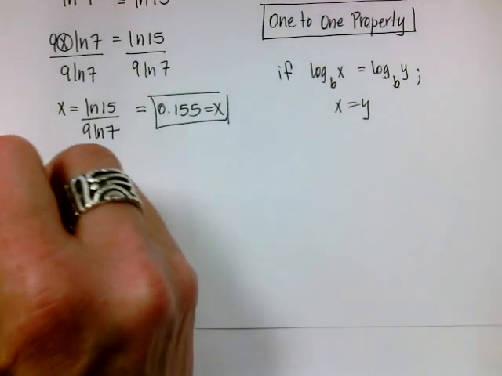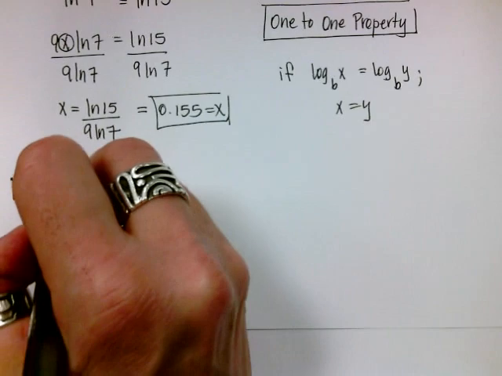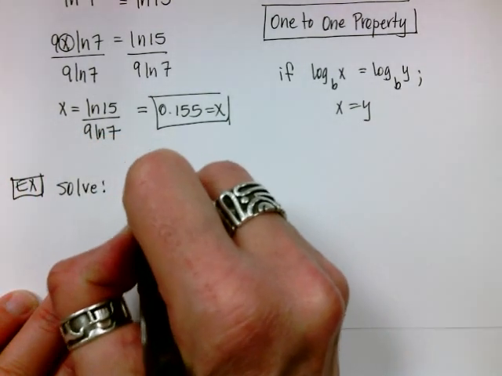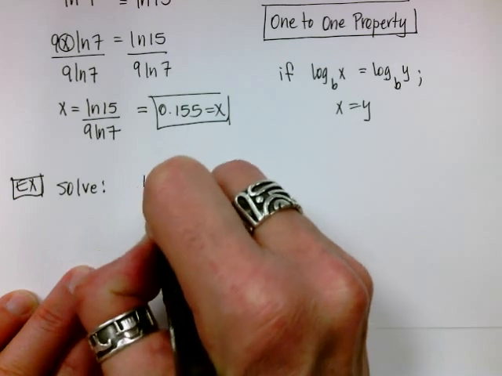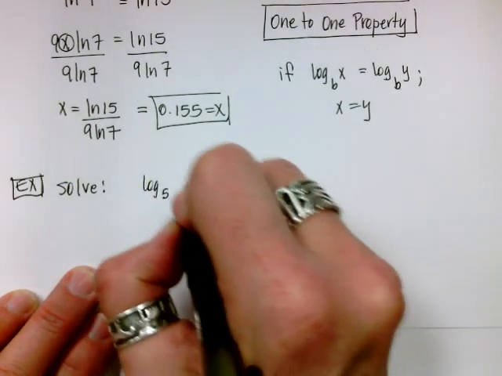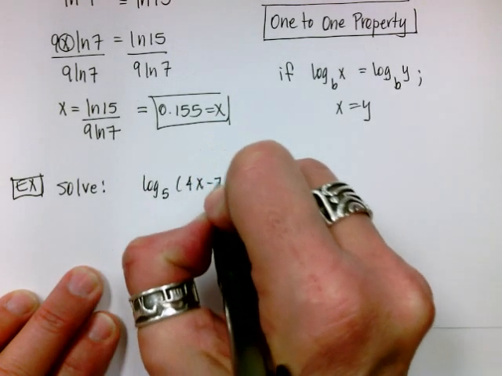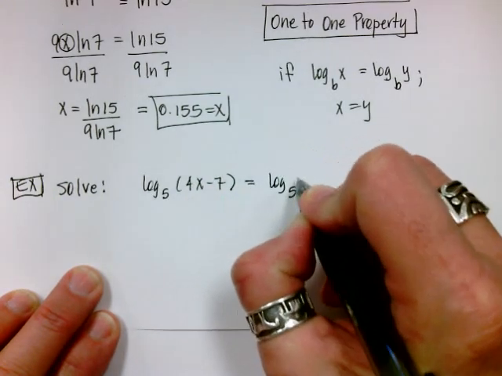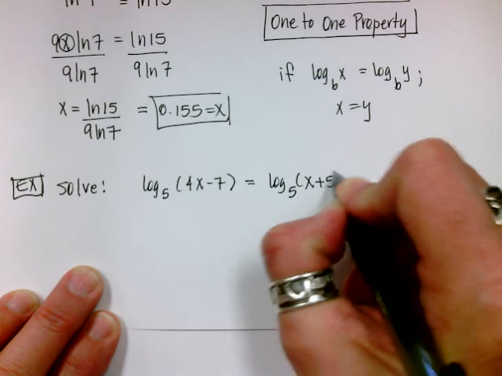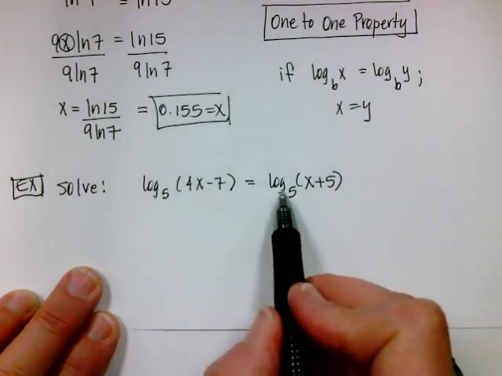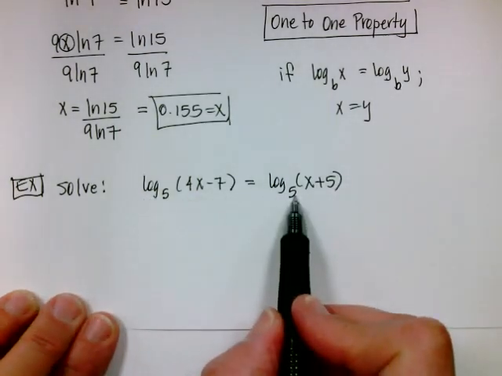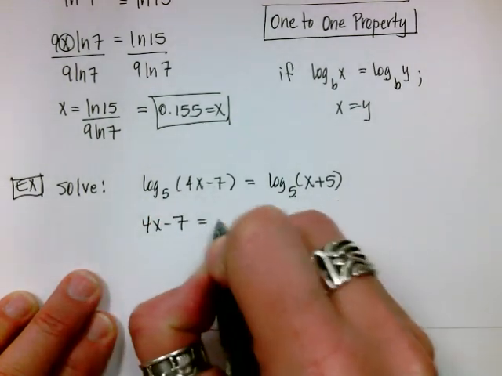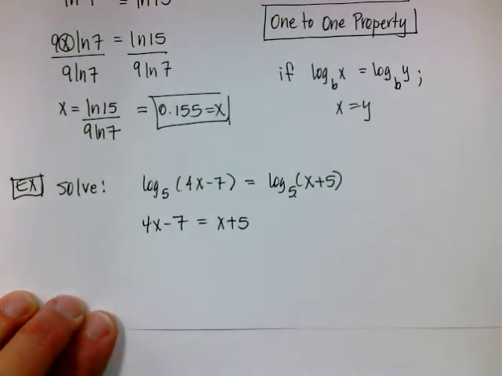It's going to say solve, just like all of the others today. So I'm going to have the log base 5 of 4x minus 7 is equal to the log base 5 of x plus 5. Notice that I use the same log. The bases are the same. So what this means then is 4x minus 7 is equal to x plus 5.